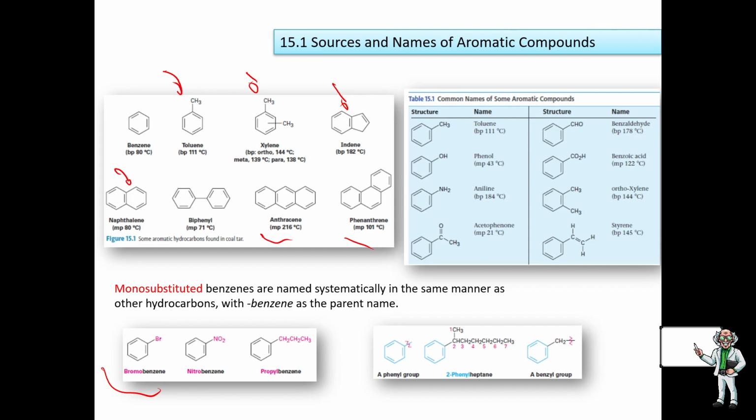You can ask me why it's not one-bromobenzene, but when we have a cycle, if we only have one substituent, this substituent will be in position 1. That means it's redundant to say one-bromobenzene. I will not say that it's totally incorrect, but it gives us the same information as bromobenzene. If we have a nitro, it is exactly the same: nitrobenzene. If we have an alkyl chain, for example, we can have propylbenzene.